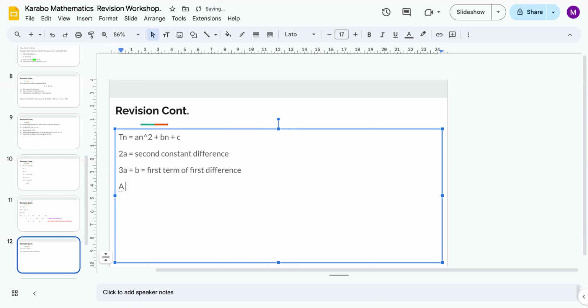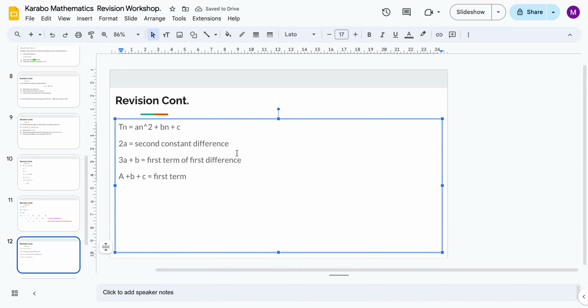And then A plus B plus C was equal to my first term. Okay. Shortcut formula, guys. Nice and easy. Easy marks. You apply this, you're guaranteed to get the marks, guys.